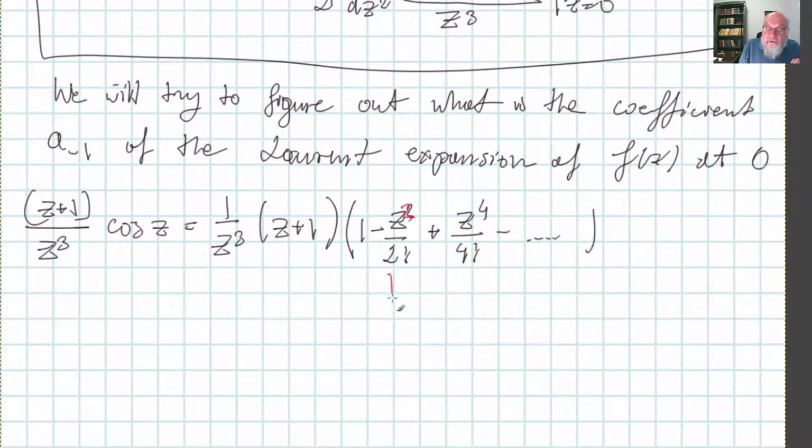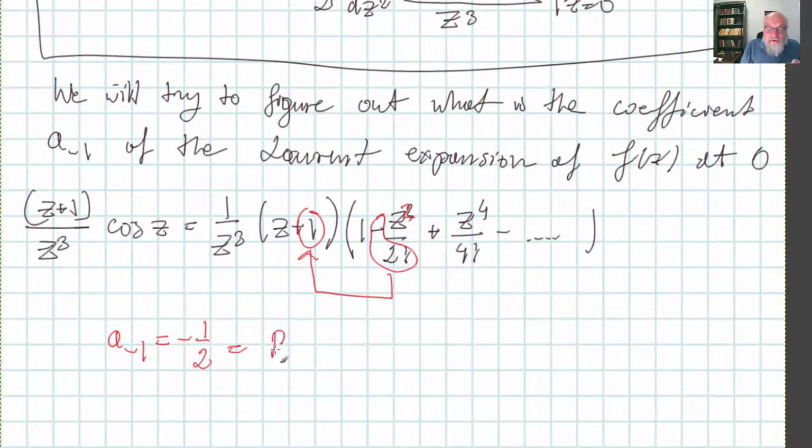Look here, this is minus z squared over 2, so if I multiply it by 1, I'm getting z squared. Nothing else contributes. So now you look at this and say, okay, a minus 1 is exactly this coefficient, that one multiplied by this one. So this is equal to minus 1/2.